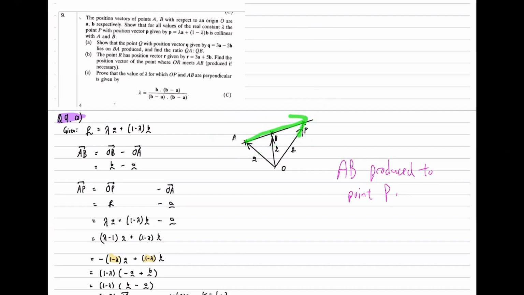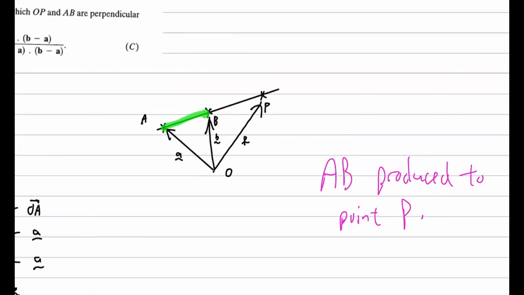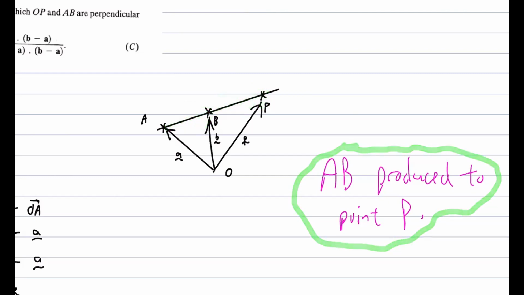Sorry, AB produced to point P is just an extension of AB along the same direction. A towards B is this direction. You continue in the direction until you reach point P. That's what we mean by AB produced to point P.